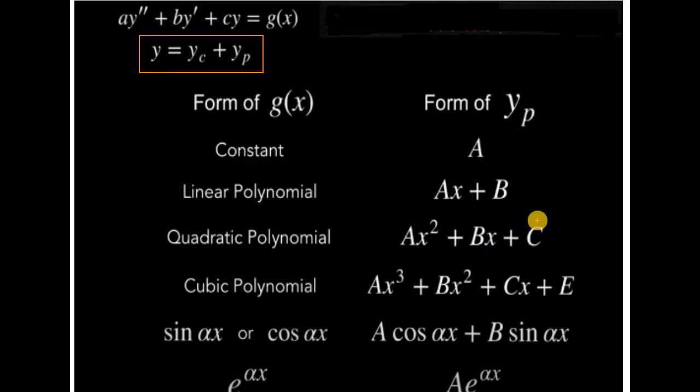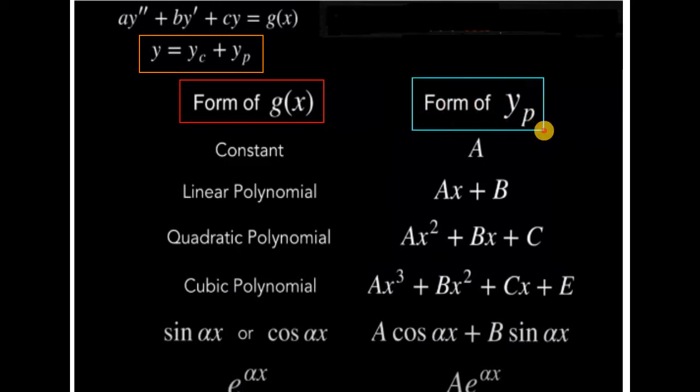This generalized form is our trial solution. Now we read the form of g of x. These functions are forcing functions, and the form of yp is our trial solution.